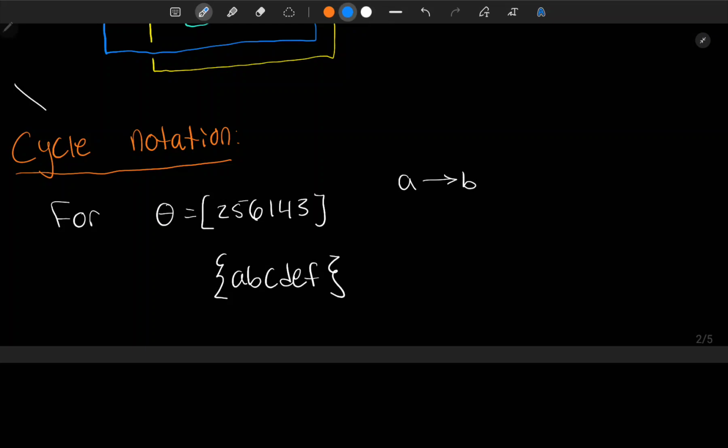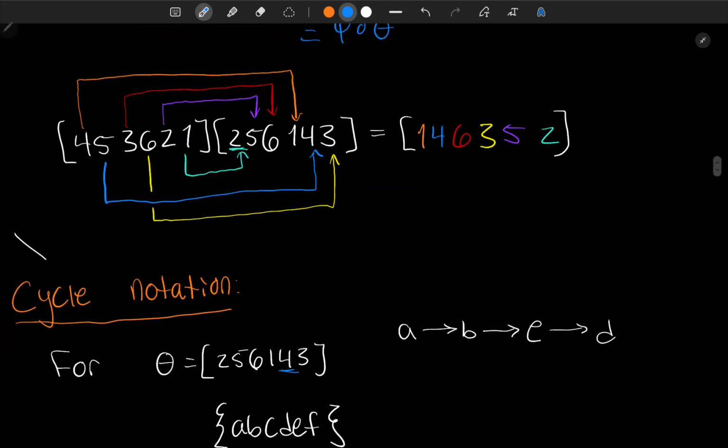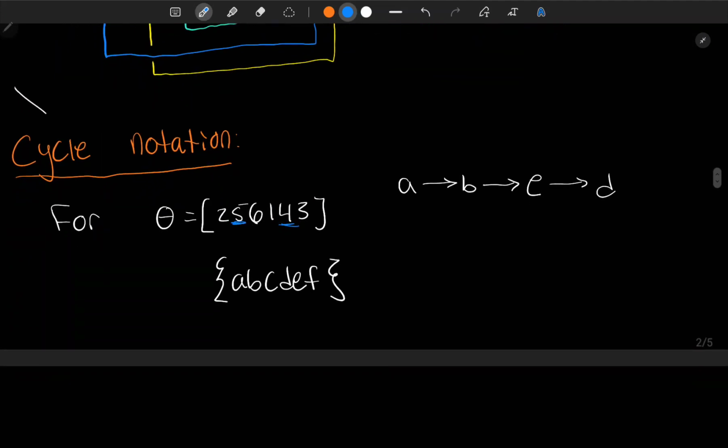So what was A in the first position becomes B, and that's because this is a 2 here, and the second position is B. Then what was B now becomes E, because the second position here, which is what B was, maps to 5, which is the fifth position, or E. Now, what was E now becomes D, because in the fifth position we have a 4.